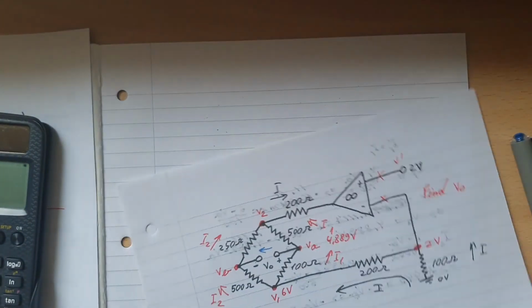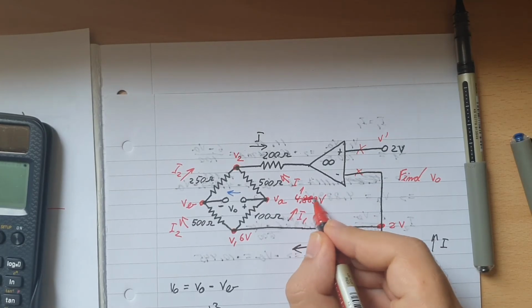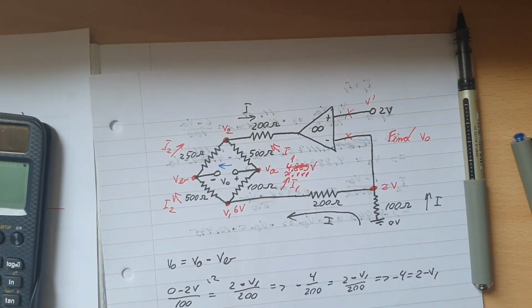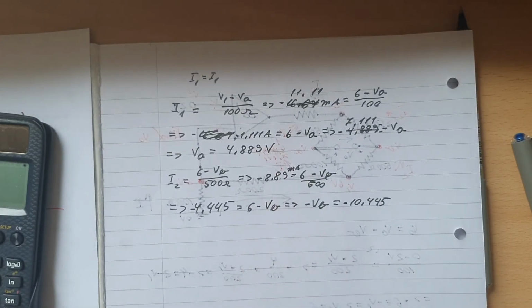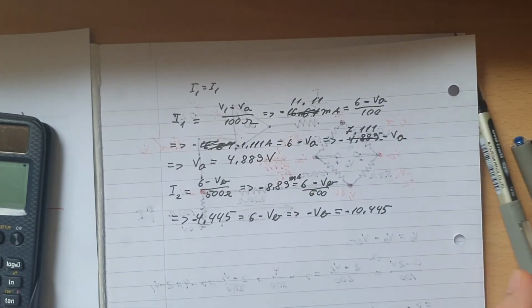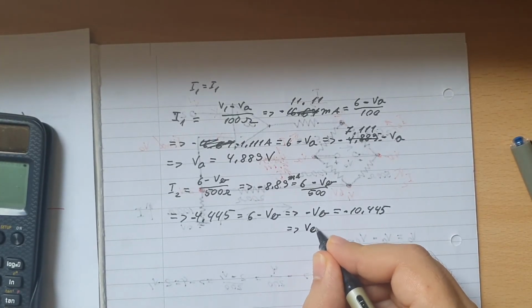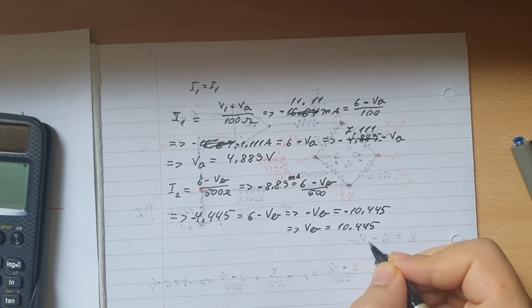Okay, so this is not 4.889, it's 7.111 volts. Alright, and minus VB, that would be minus 10.445, so therefore VB will be equal with 10.445.